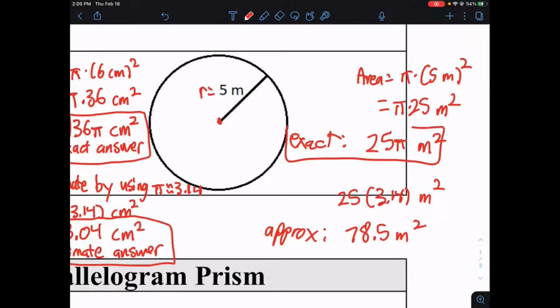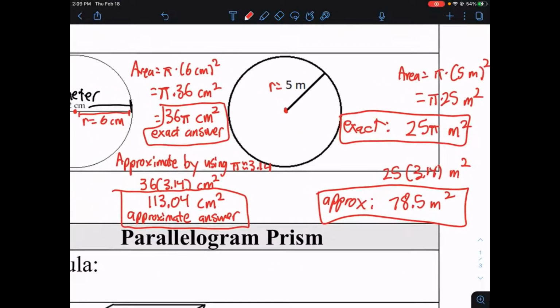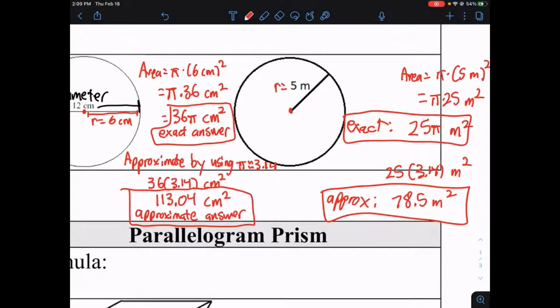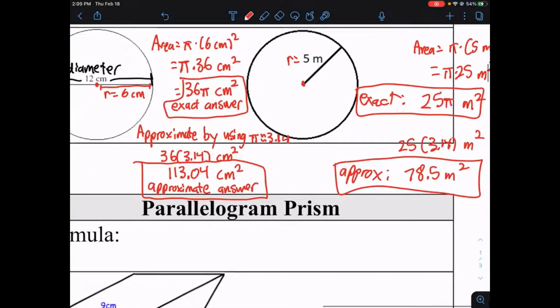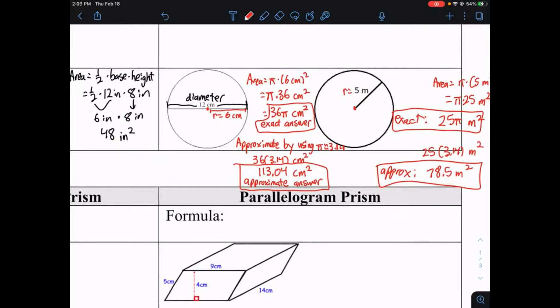So make sure you not only got these 2 answers, but you got them in the correct order. Exact has the pi, approximate does not. Any questions about the first section about the area?